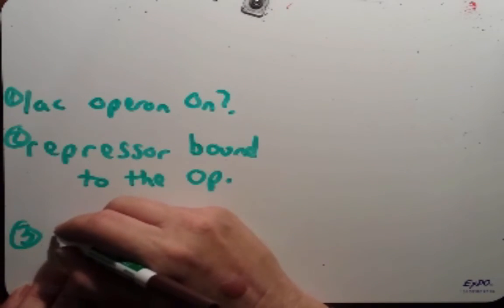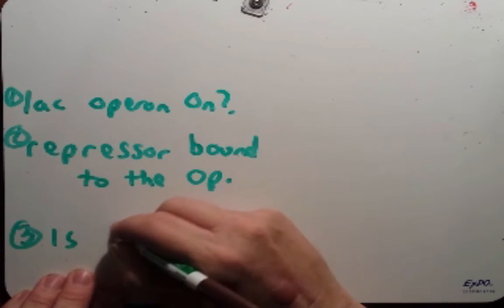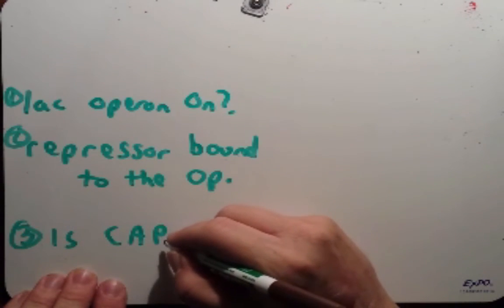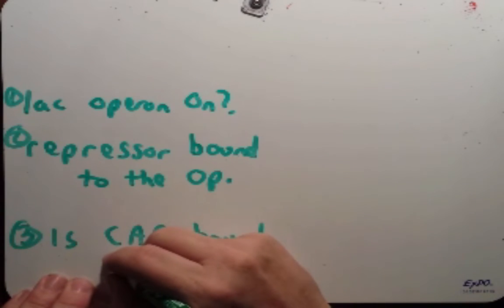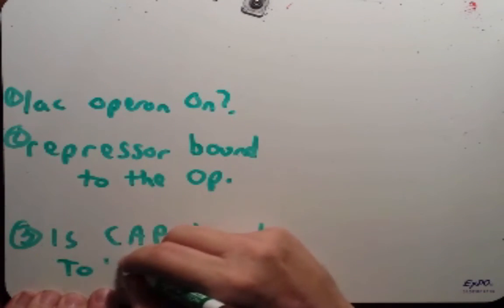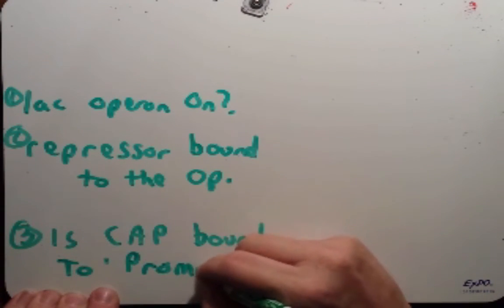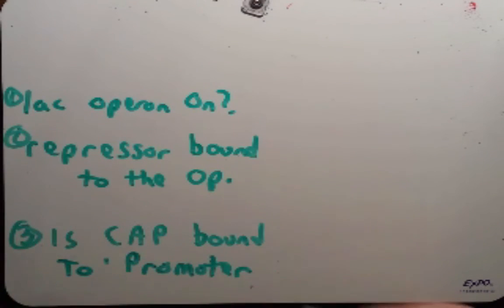This last one I will ask is: is CAP bound to the promoter? I say it's bound to the promoter, but it's really near the promoter. But that's close enough.